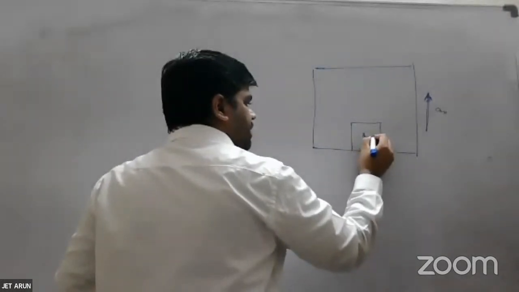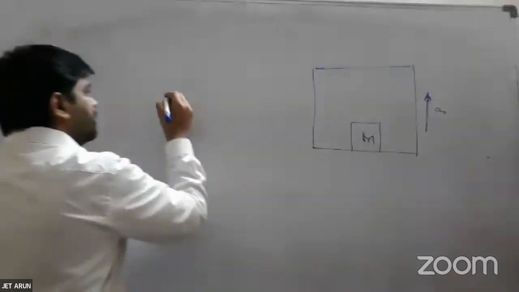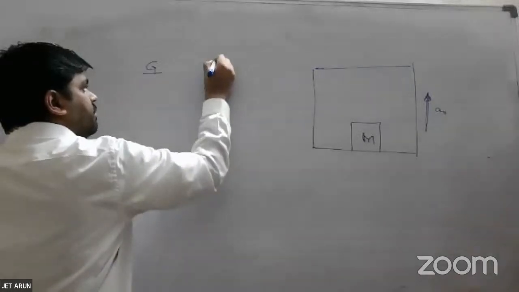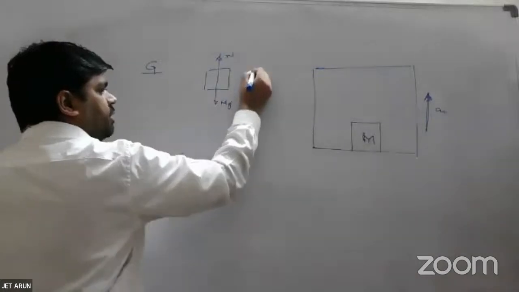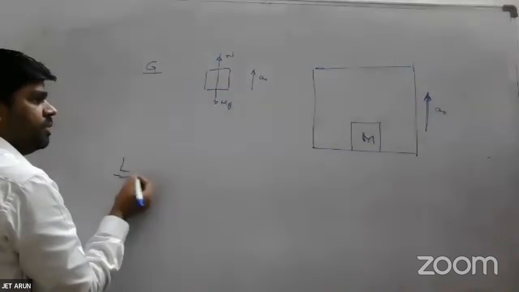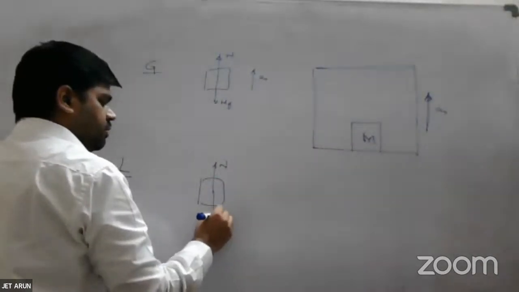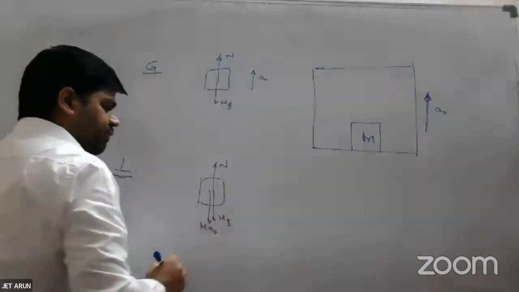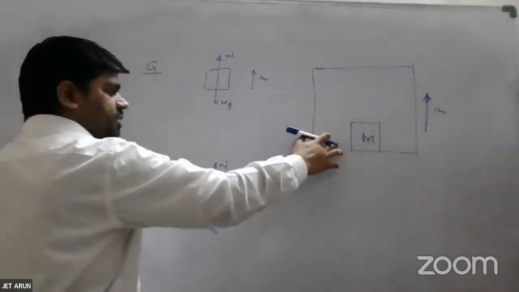Right? This particle is of mass m. So with respect to the ground frame, I'll draw the FBD and MAD: normal reaction, mg, a naught. With respect to the lift frame, I just have normal reaction, mg, and additionally m a naught, the pseudo force. And acceleration is 0 because it is at rest with respect to the lift.